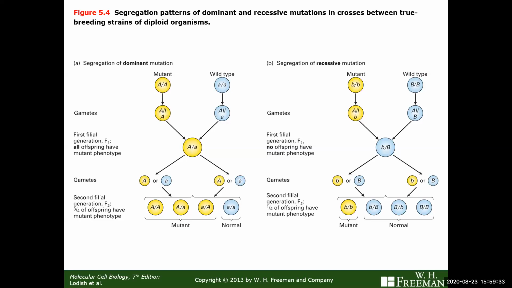It's just to show that it's the dominant one, it is the capital one. Now that is in the diploid organism, it is capital A over capital A in the mutant, and in the wild type it is small a over small a.